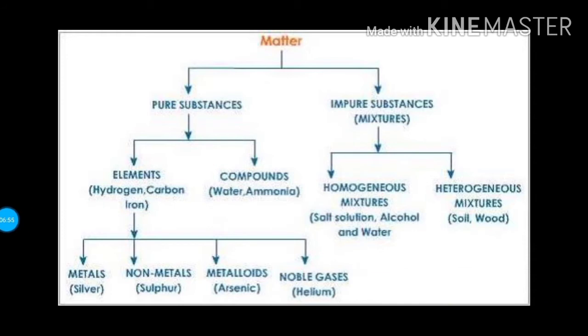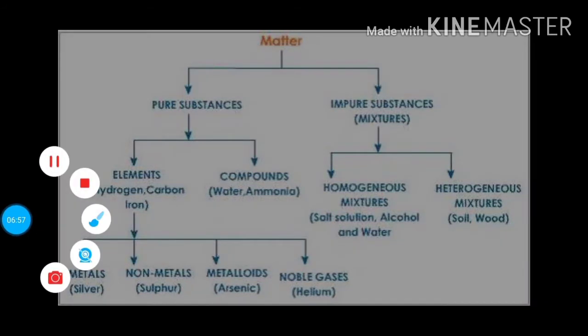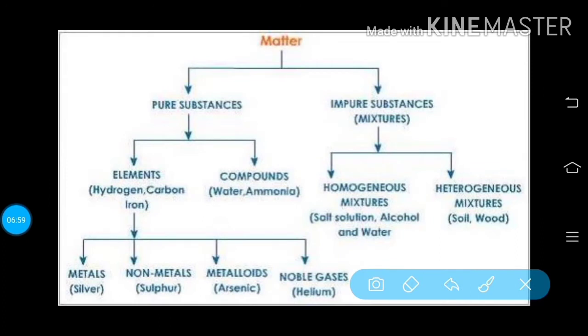Now you can see that elements are further divided into four parts: metals, non-metals, metalloids and noble gases. Now we will discuss what these are. First, what are metals? Iron, copper, tin, gold.